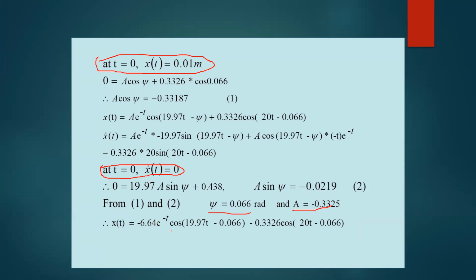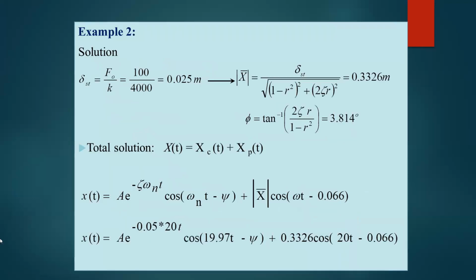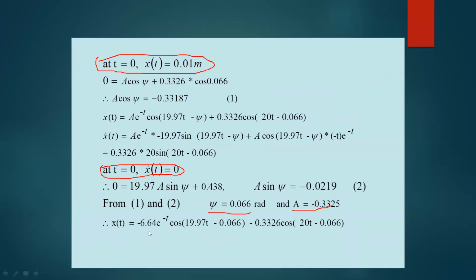How is that? 0.05 times 20 means minus 1. Correct. And here it is correct. But how could it be 6 here? 6.64. Okay, that is the unit. 3325.